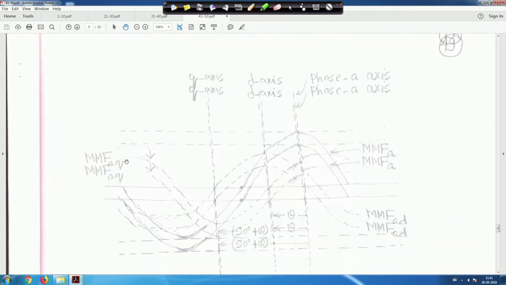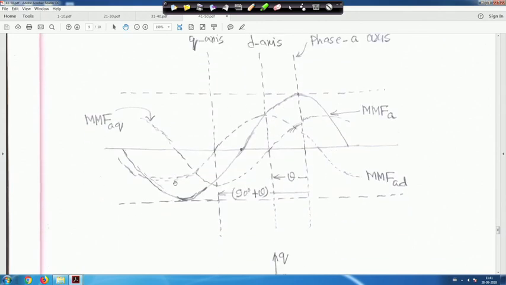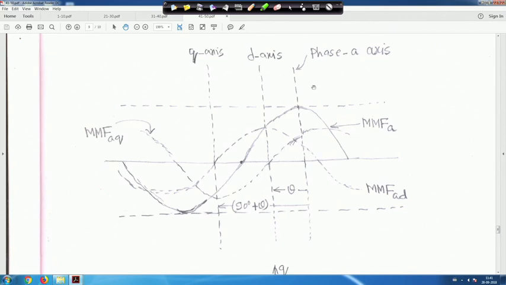Now, if you look into this, this is my MMF for phase A. Suppose this is the MMF plot, and you know that the D axis is leading phase A by an angle theta. That's why this theta is marked, and the Q axis is leading by 90 degrees plus theta.